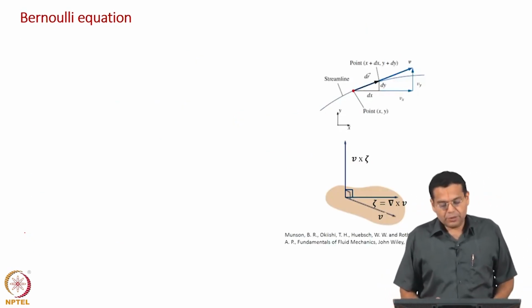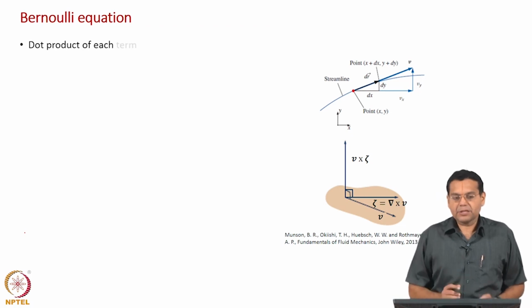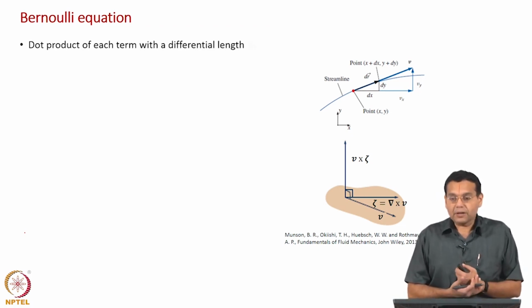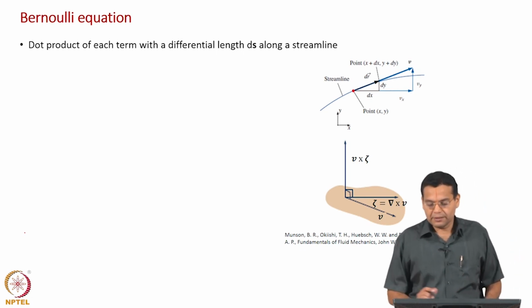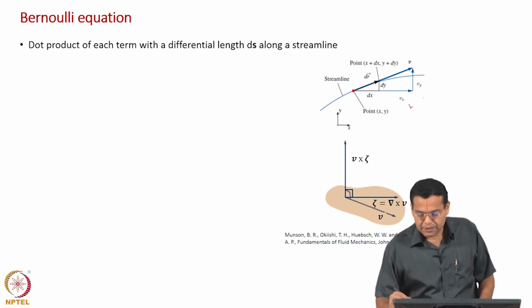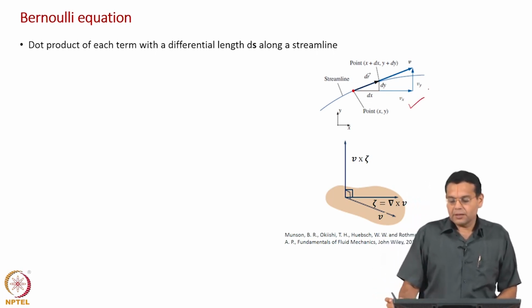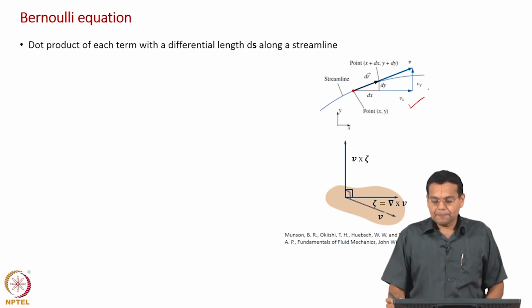Now, what we are going to do is take the previous equation and take a dot product of each term with a differential length ds vector along a streamline. What is shown here, this figure is from our discussion on streamlines, the same diagram.